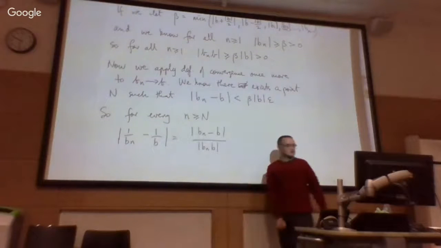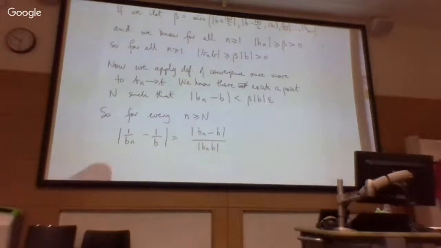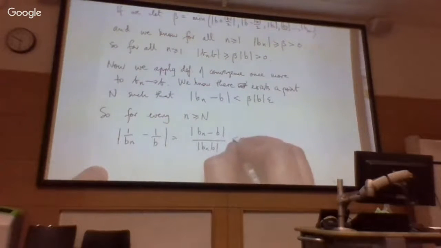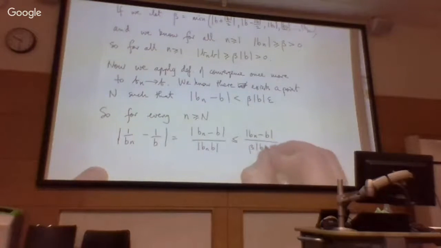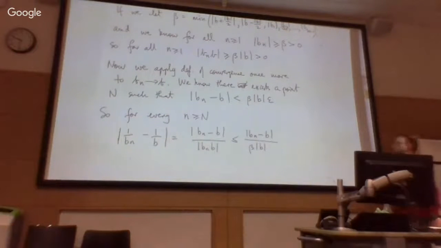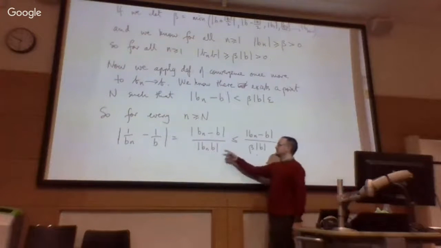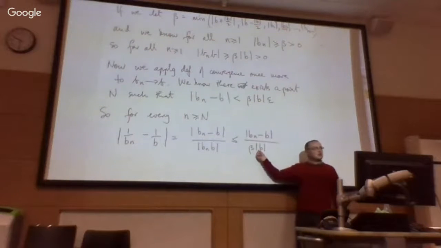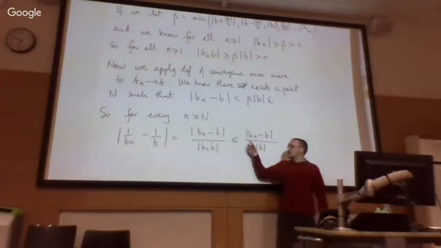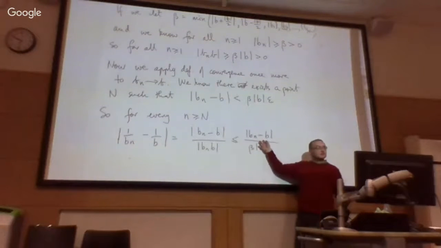Rewrite this as this. Okay, so I can do it in some steps. First of all, I'll put in the fact that I know that the denominator never gets smaller than beta times absolute value of B. So if instead of my actual denominator I put a lower bound for the denominator, I know that the whole fraction is smaller than that.